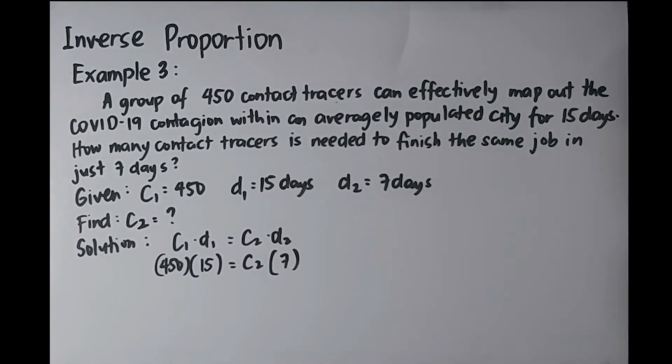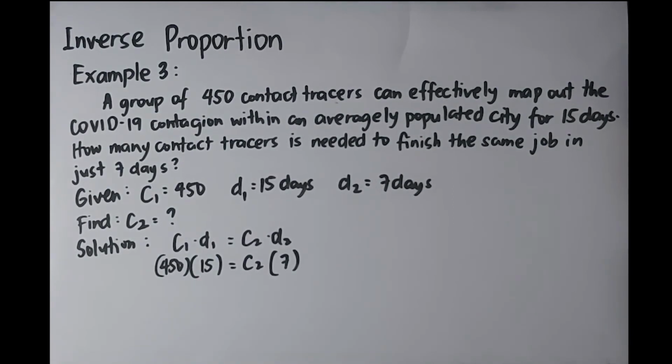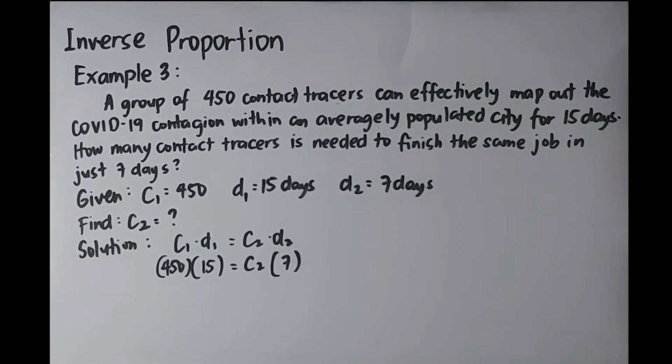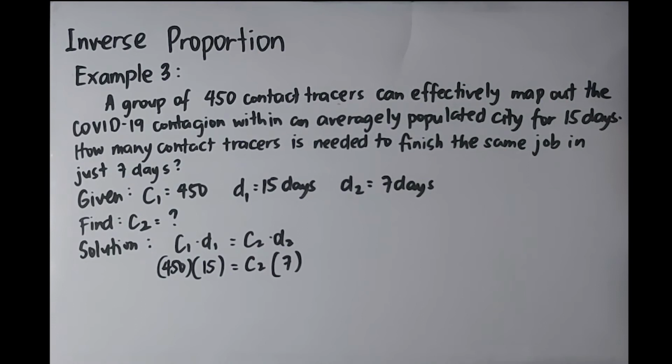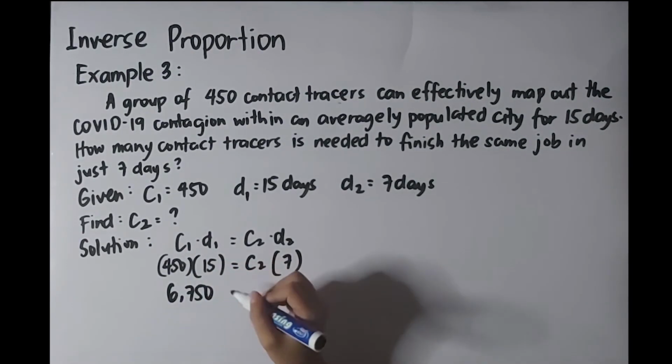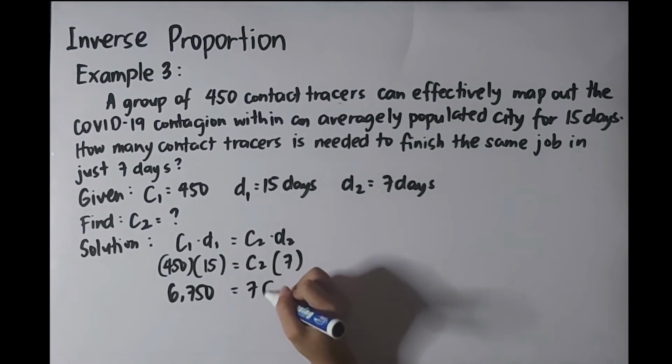So we need to multiply 450 by 15, which equals 6,750, equals 7 C2.